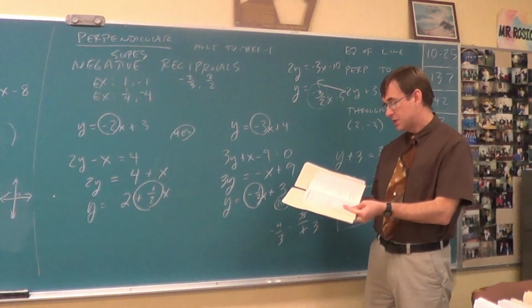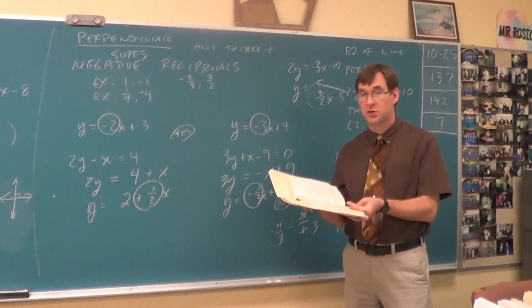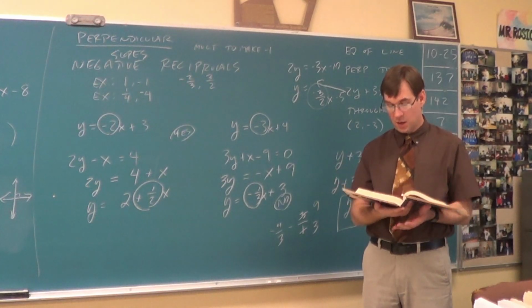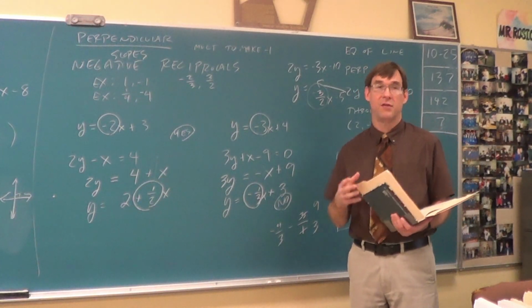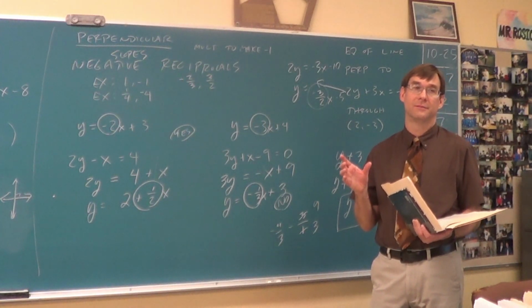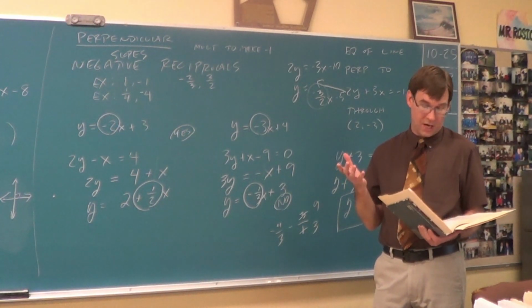But they might, in this last section of 6, work in one of those 2% questions if they drop you an intercept. Some of these questions are going to give you a couple of points. If they give you a couple of points, you're going to have to find the slope. Slope is the word of the chapter.